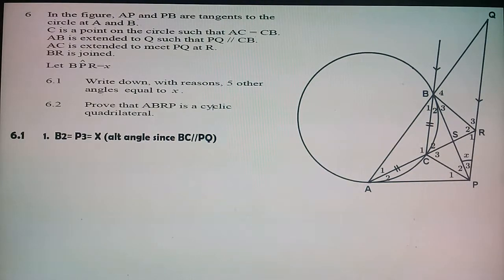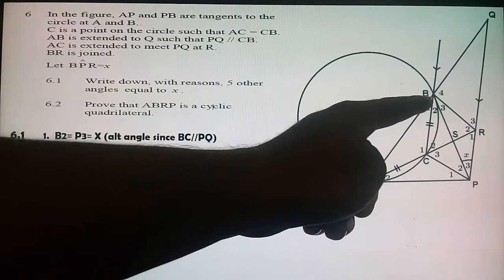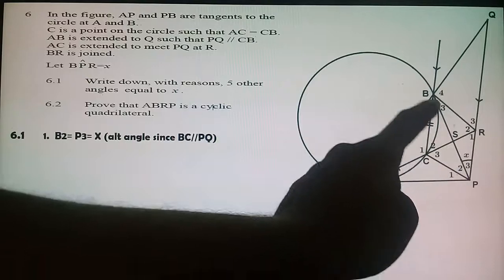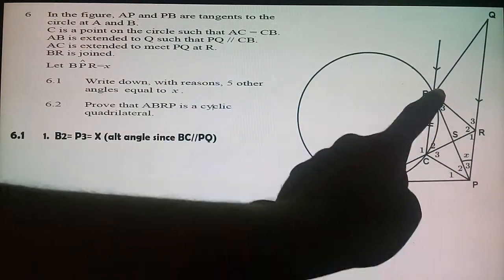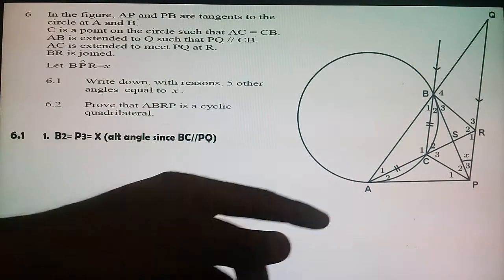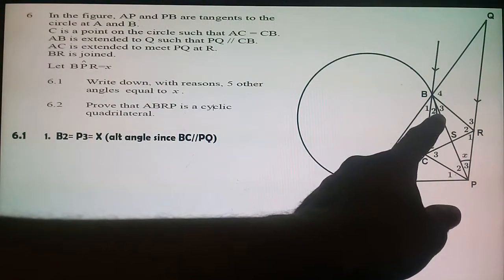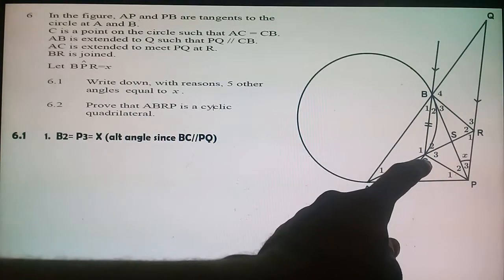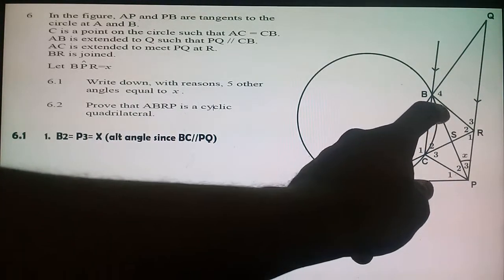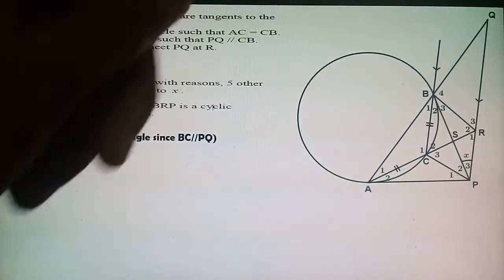That's equal to X. And we are told that BP, this one, is a tangent. What do we know about tangents? This is our B2, the angle between the tangent and BC, our chord. What do we know about the angle between the tangent and the chord?